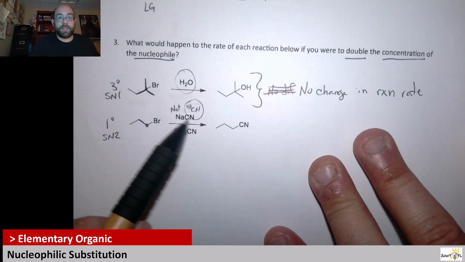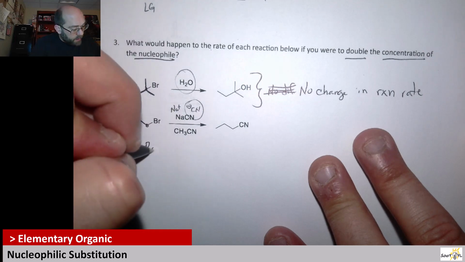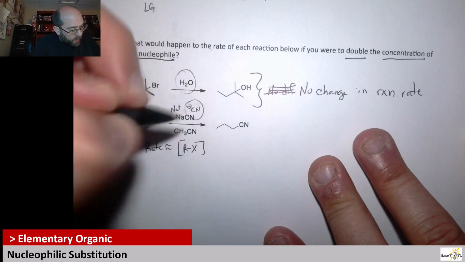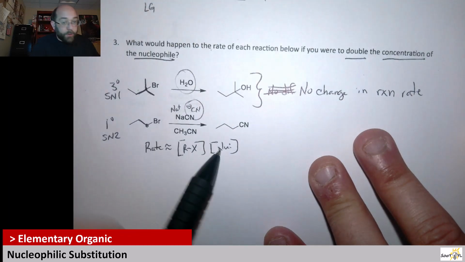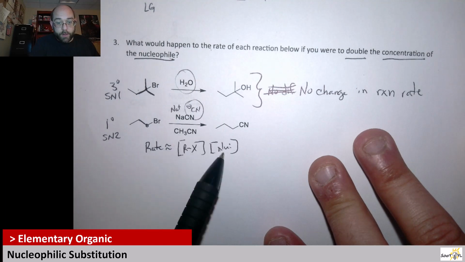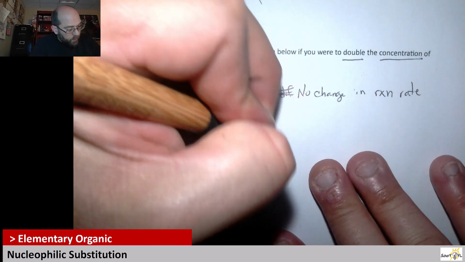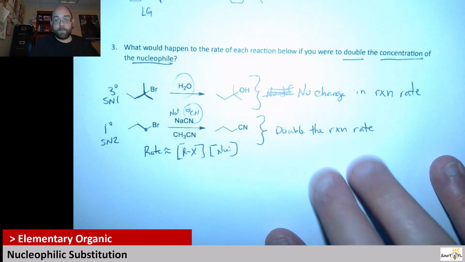All right, on this one now, we know that for SN2, the rate is proportional to both your alkyl halide and your nucleophile. So when we double the nucleophile here, proportionality would say we double the rate. So here we would double the reaction rate.